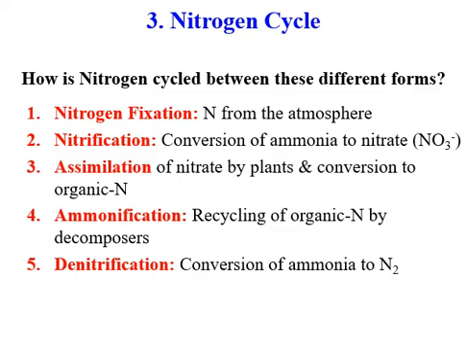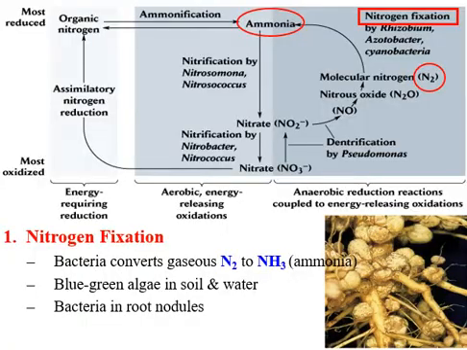When nitrogen changes form from one form to another, as listed in that previous slide, the processes occurring are these 5 different types of nitrogen transformations, part of the nitrogen cycle. We'll look at each one of these, and during these different processes, we'll see these different forms of nitrogen.